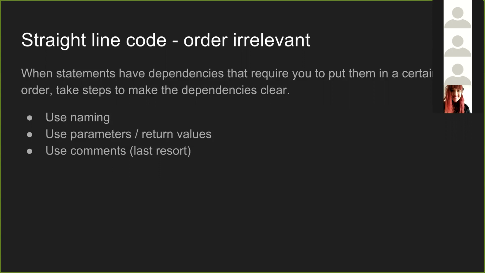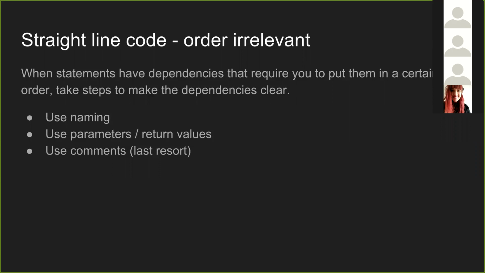If that's not clear, then you should use parameters or return values to indicate that the statements are dependent and have to be run in a particular order. And you should use comments as a last resort.